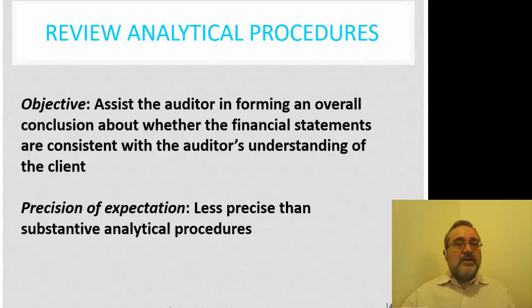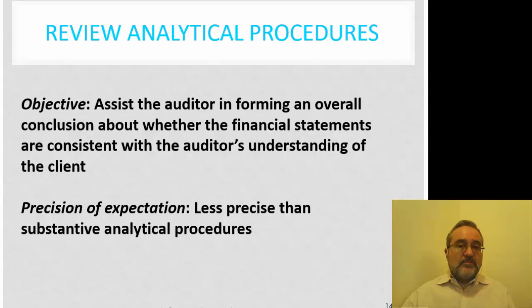But essentially, the analytical procedures that we're using at the beginning of the audit are used to assist the auditor in forming an overall conclusion about the financial statements. Essentially, at the beginning of the audit, we are looking at these analytical procedures to identify areas of risk. And at the end of the audit, we're looking at these ratios to determine if our conclusions are correct.